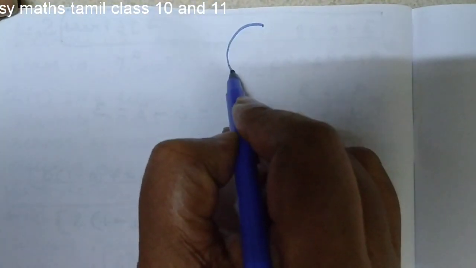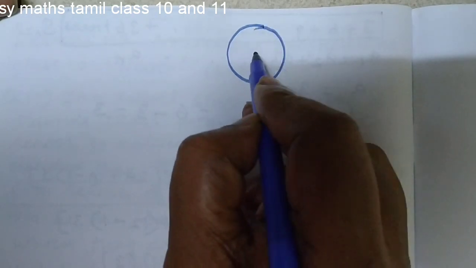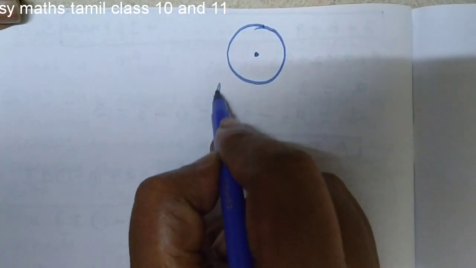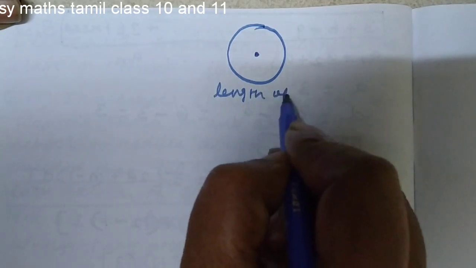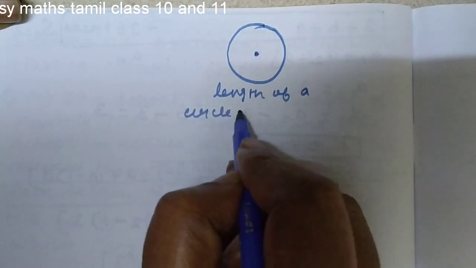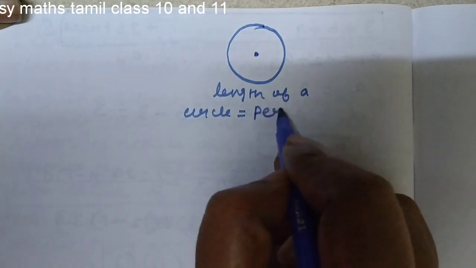Now how to calculate the length of a circle? Length of a circle equals its perimeter.